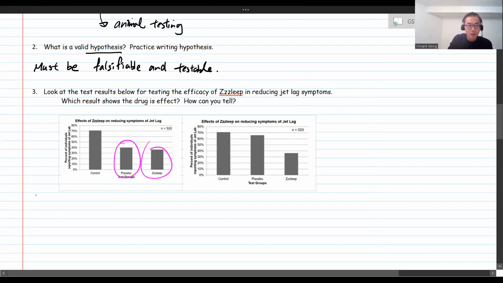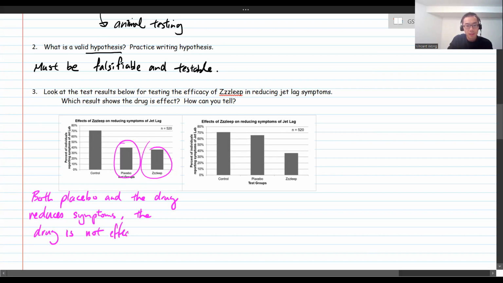So both the placebo and the drug reduce symptoms, so the drug is not effective. I could just take a candy and achieve the same effect. The drug is useless. It's not doing anything.